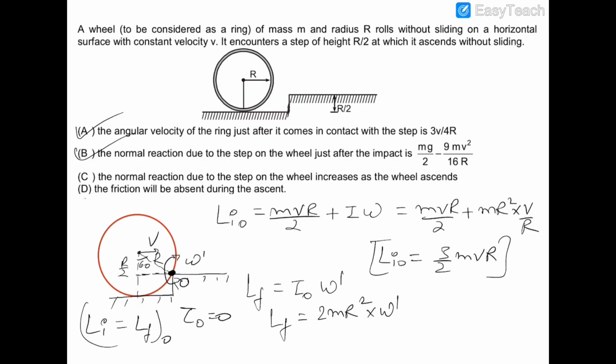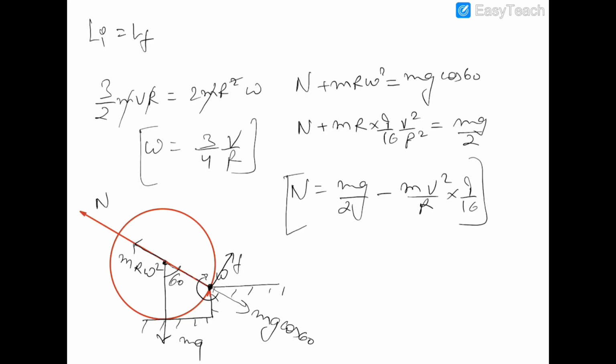And option number C says that the normal reaction due to the step would be increasing when the wheel will be ascending. So let's suppose this angle is theta. If this is theta, then this equation would be mg cos theta instead of 60. So N would be equal to mg cos theta minus this one.